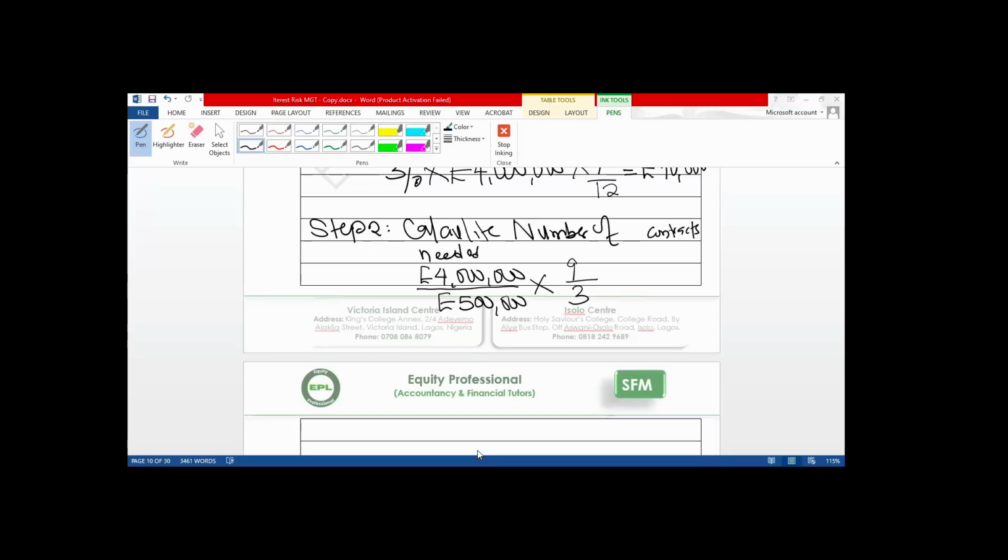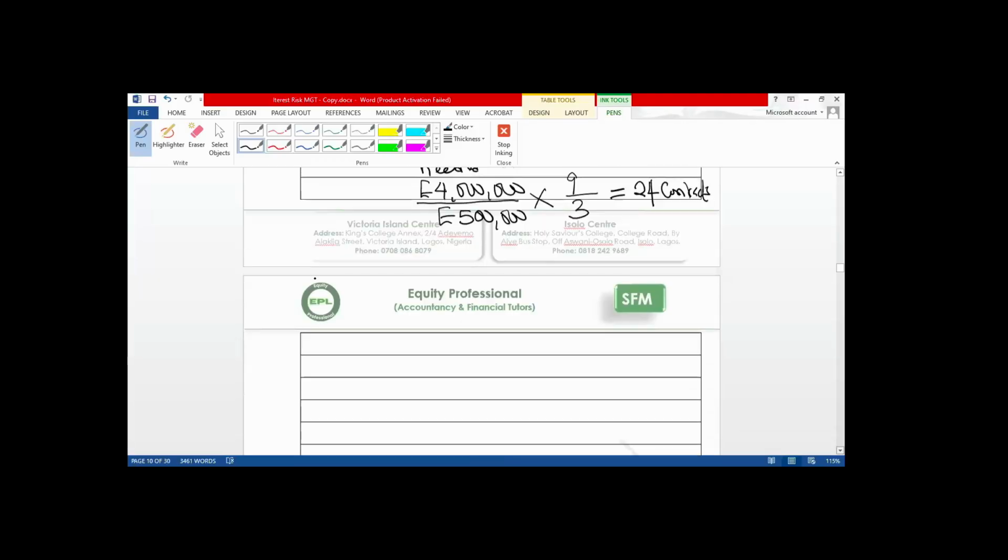The 3 is constant with the formula. Work this, and that will give you the number of contracts you need. What do we have? 24 contracts. You go to step 3.